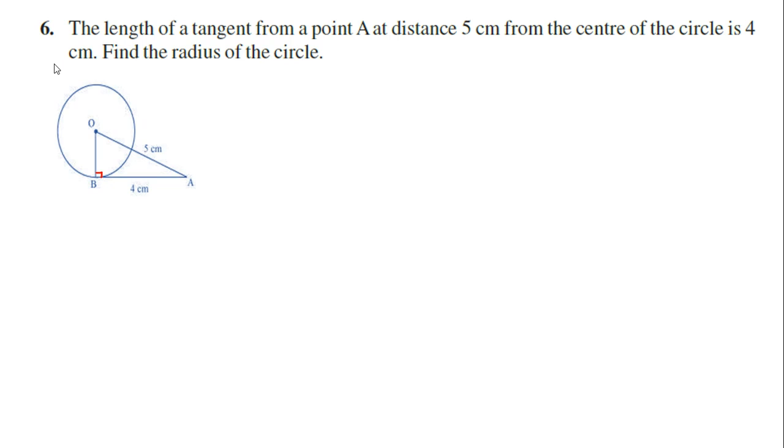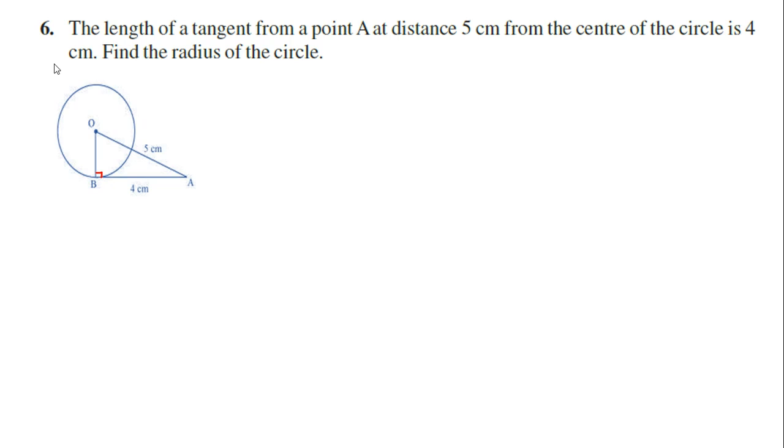It is also possible that this is not a right angle. Tangent is always perpendicular to the radius, otherwise the radius is always perpendicular to the tangent. This statement you have to write. Without writing this statement, you cannot directly use Pythagoras.